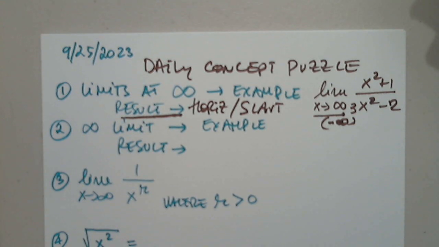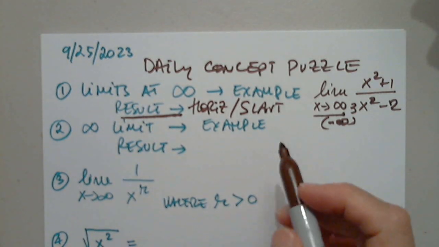If anyone can give us an example of an infinite limit. If the limit as x approaches a is infinity or negative infinity, then it has a vertical asymptote.